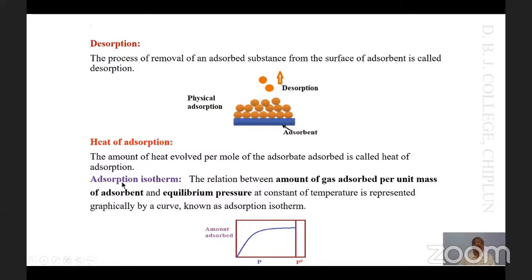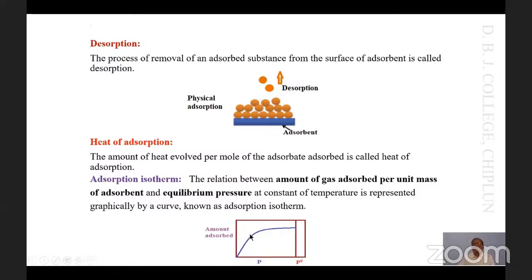Now then, the next term is adsorption isotherm. What is the exact meaning of this term? Let us try to understand. The relation between the amount of gas adsorbed per unit mass of an adsorbent and the equilibrium pressure of the gas at a constant temperature is represented graphically by a curve known as adsorption isotherm.